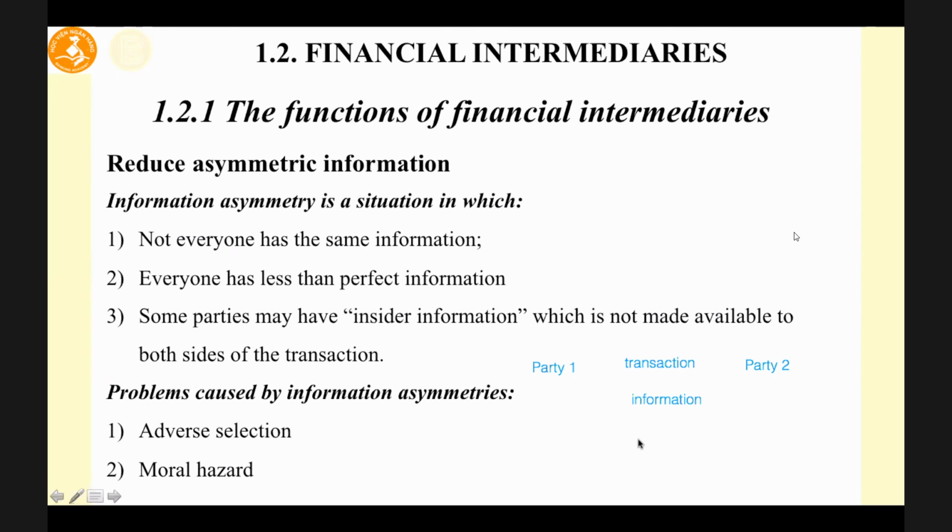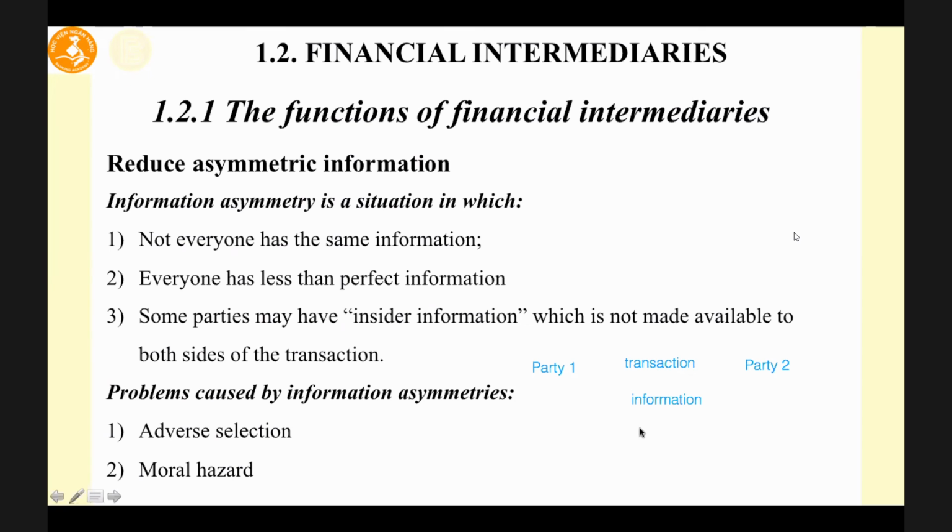And in the second case, maybe the information that party 1 has is larger than the information that party 2 has. So it's the second case. And the last case, the information about a transaction is always the perfect information.